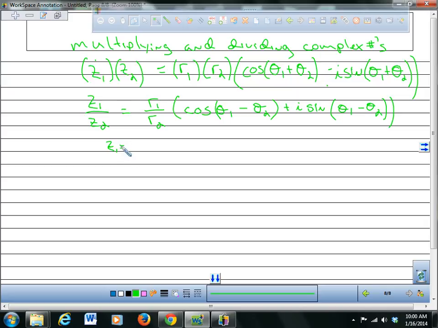So for example, say you have z1 equals 8 cosine 120 plus i sine 120, and z2 equals 6 cosine 150 plus i sine 150.